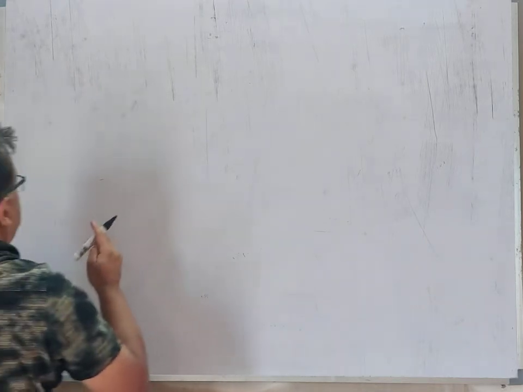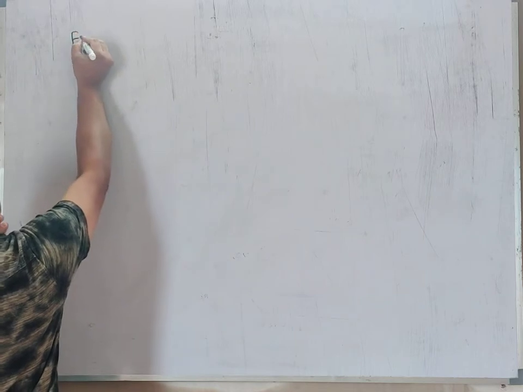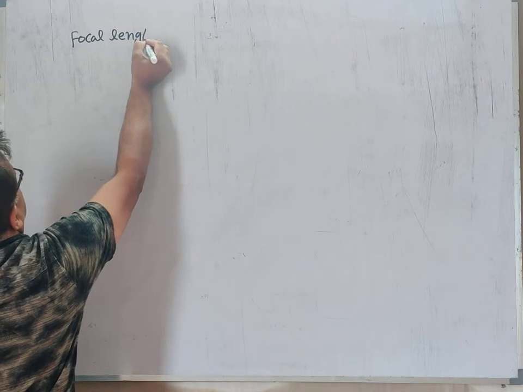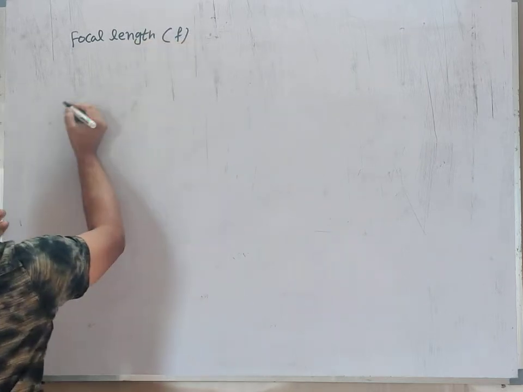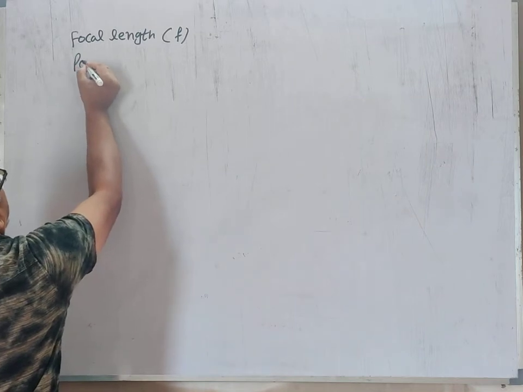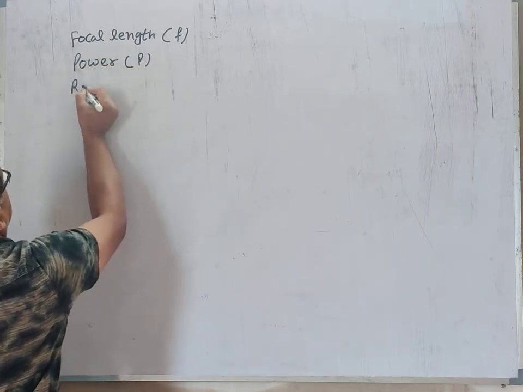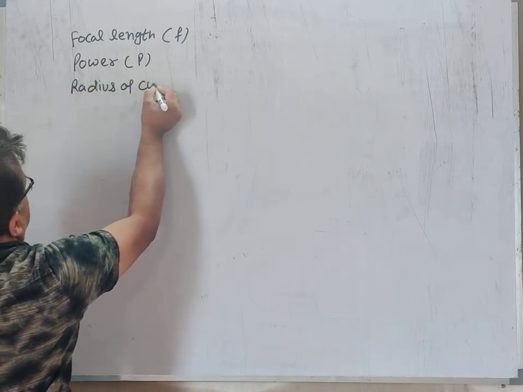In sign convention, one point is left: focal length, that is f, and power, that is p, and radius of curvature.